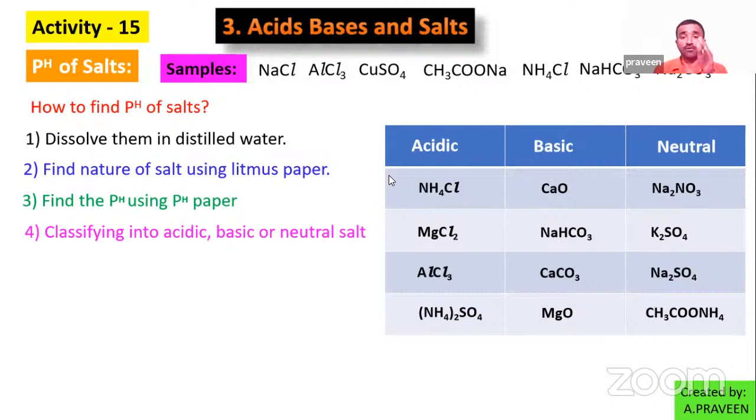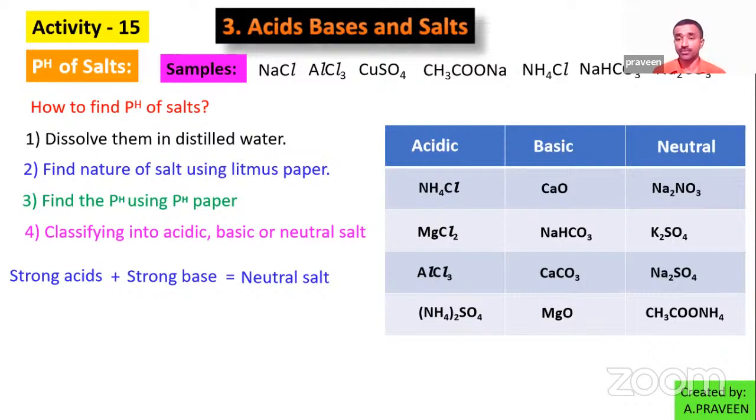So find out the parent acid and parent base to produce these types of salts. It will help you to learn the reactions. How do you produce these salts? Simply by the reaction of strong acids and strong bases, you will produce a salt with neutral nature.